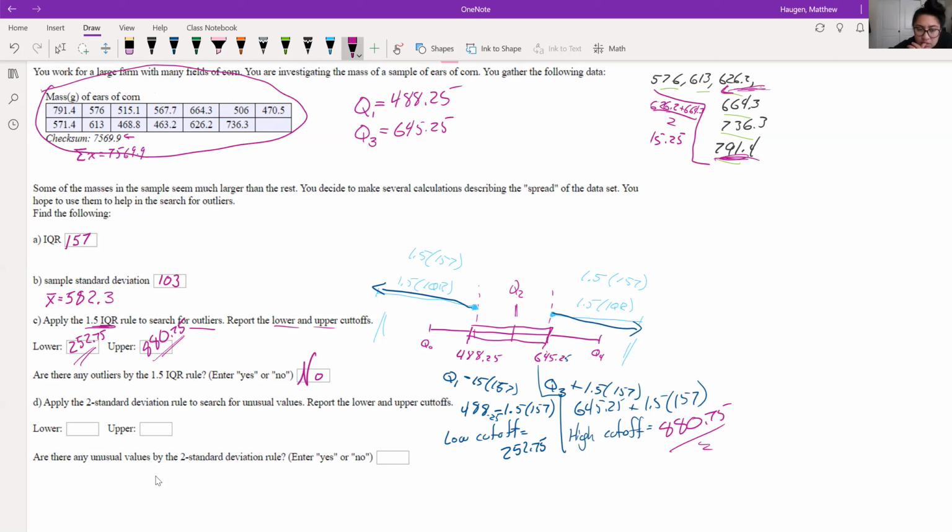Oh, so they'd be outliers if any of these were outside of this range. I thought it was asking about those numbers that we just found. These are essentially boundaries. They're not part of our data set. Our data set was entirely in there.